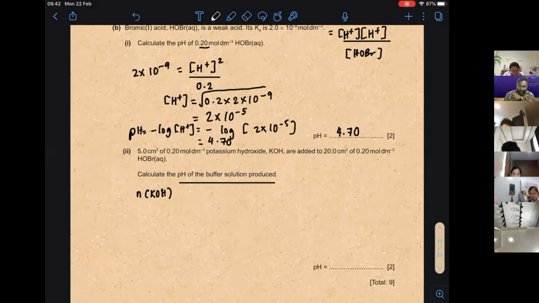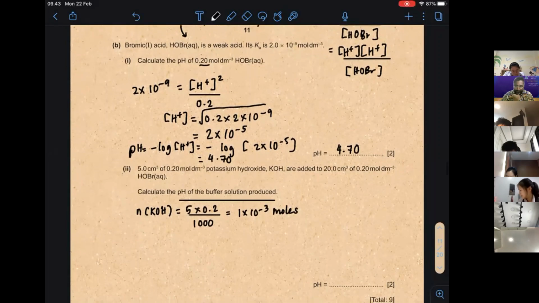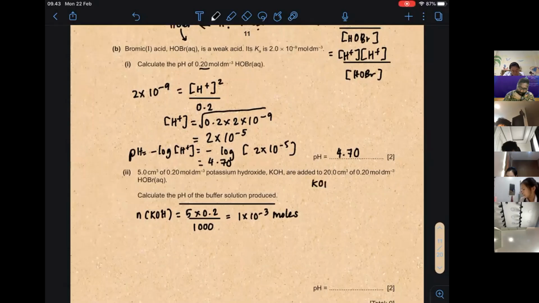The number of moles of KOH is going to be 5 times 0.2 divided by 1000, and you will get 1 times 10 to the negative 3 moles. Potassium hydroxide gives you K plus and OH minus.